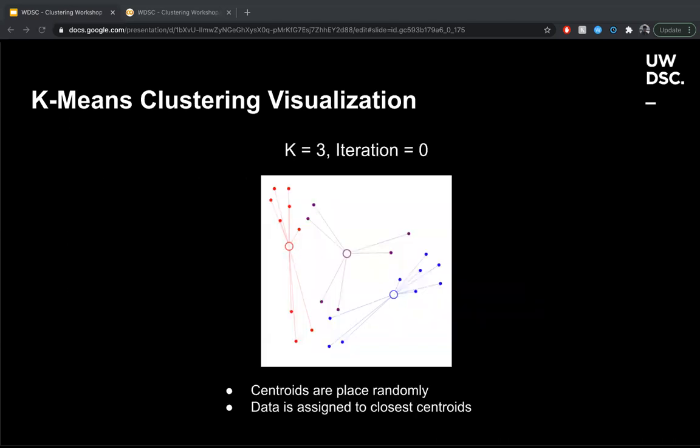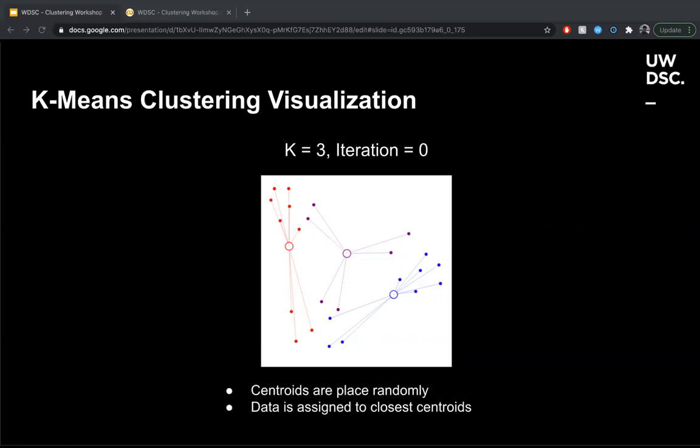So onto the visualization. Here is an image where the rings that are not filled in are the centroids, and the circles that are filled in are the data points. As we said before, the first step is to randomly place the centroids throughout the data.